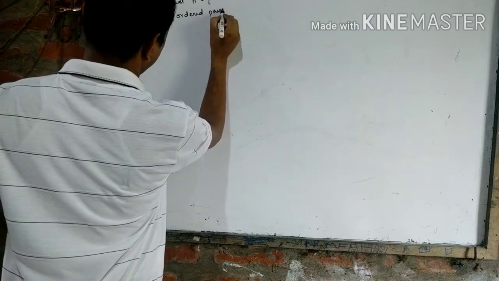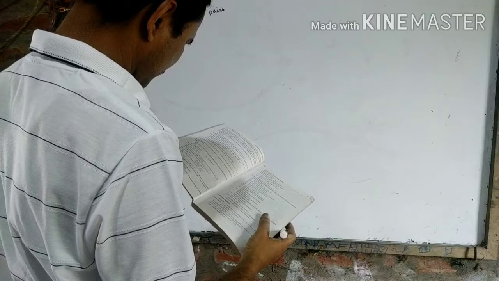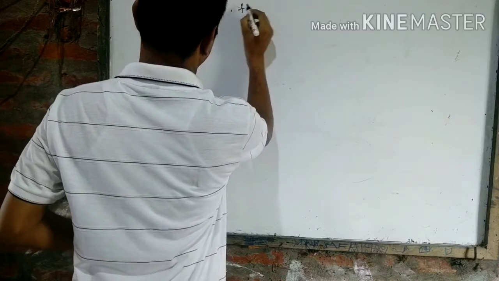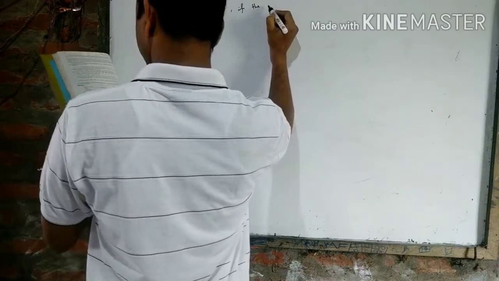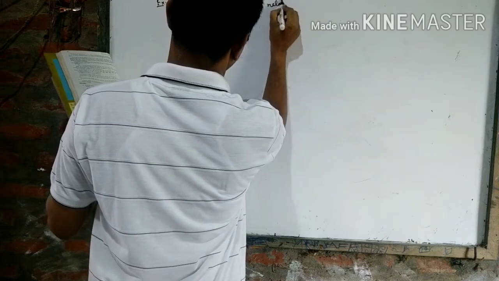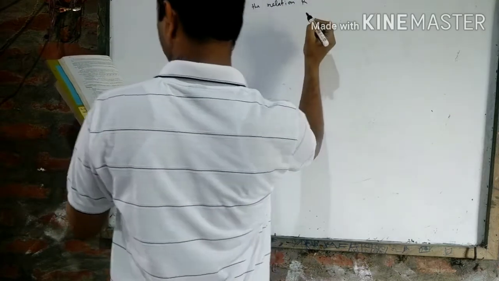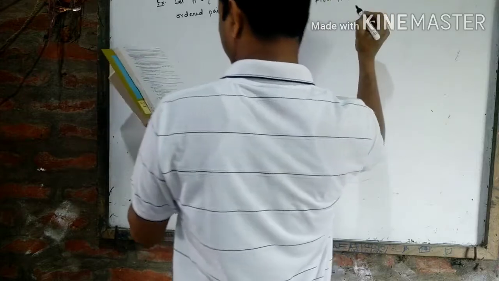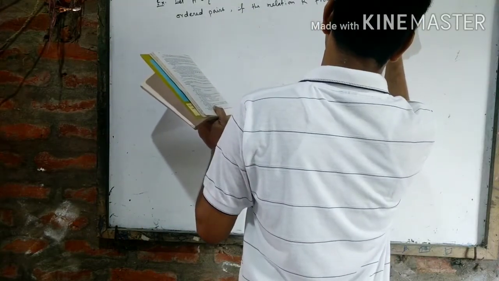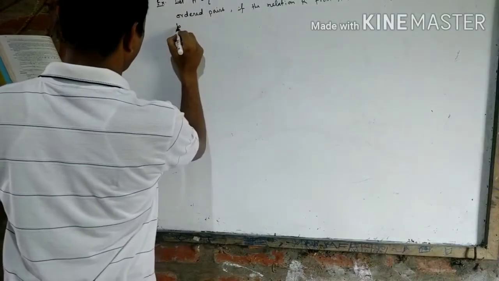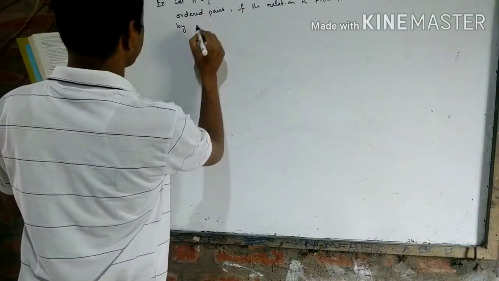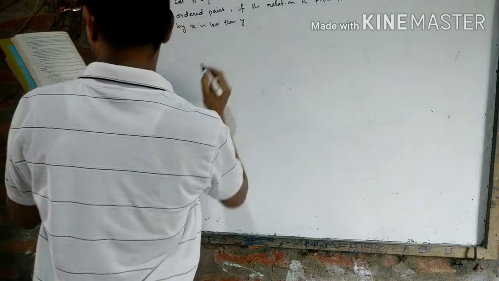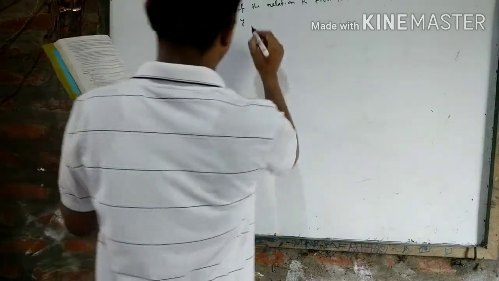If the relation R from A to B is defined by x is less than y, state the domain and range of the relation.